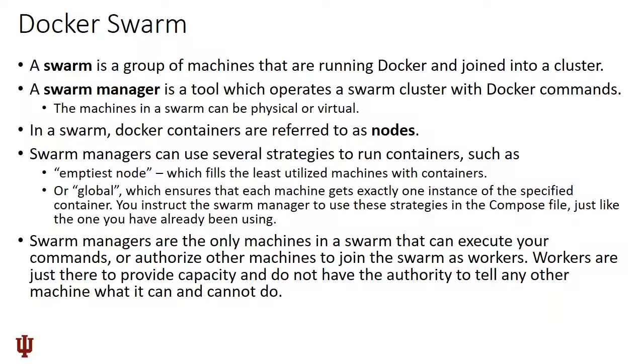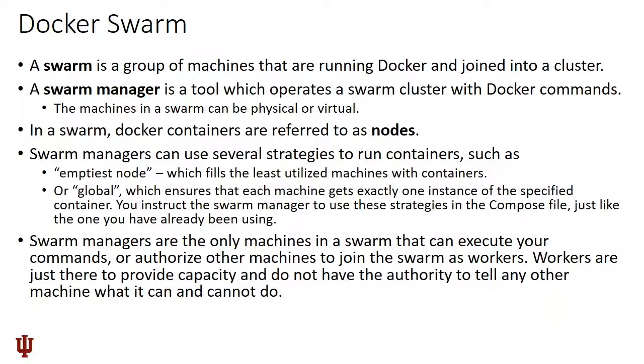So instead of just looking at one computer, we are looking now at multiple computers that are integrated with Docker, so that the containers that are being started in this environment are being load balanced between these machines. There exists a Docker Swarm Manager as a tool which operates the Swarm cluster through Docker commands. Such Docker Swarm machines can be physical, or they can also be virtual. So you can use this even to manage containers across virtual machines.